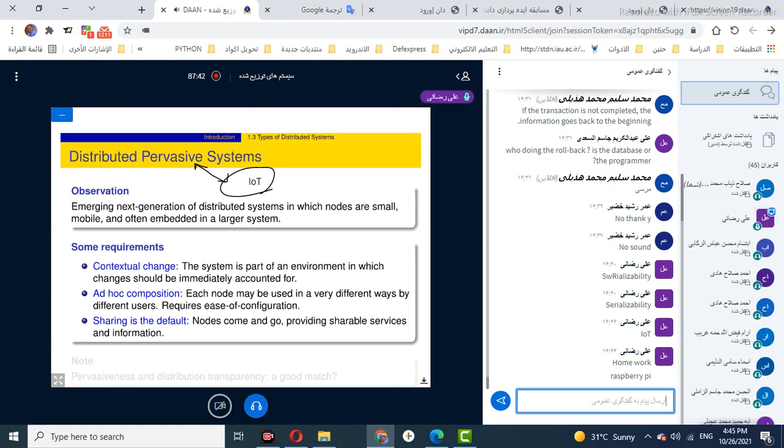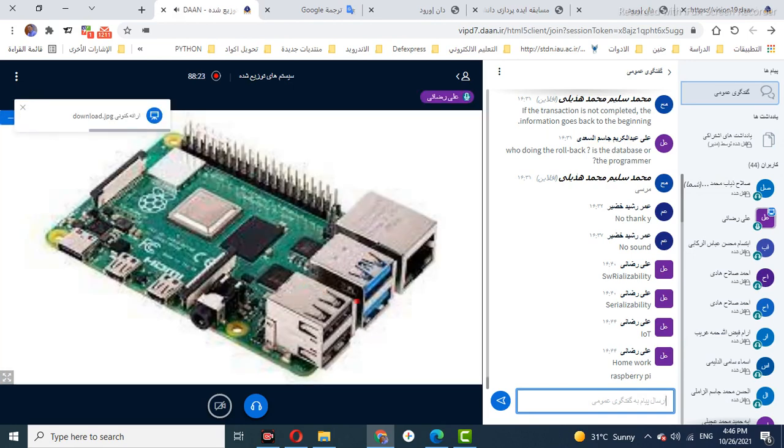This is a Raspberry Pi computer system. It is a complete computer system in the size of a card, a credit card. It's so small.